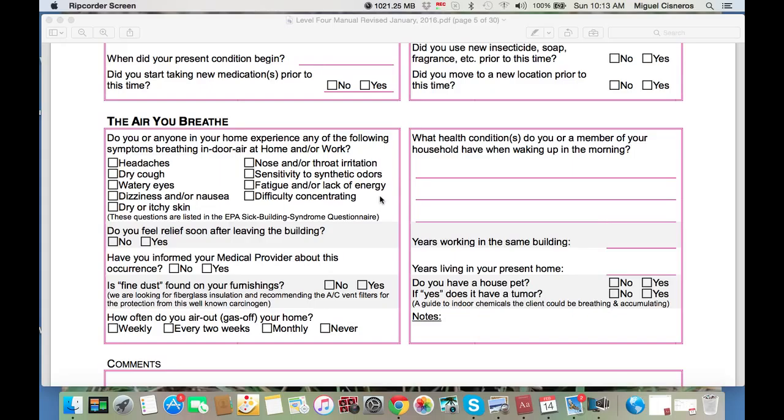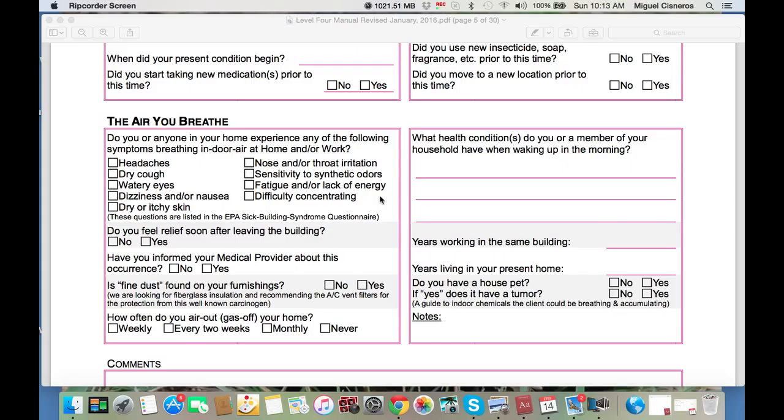This tells us what's in the air that they breathe. And then the next question is, how many years have you been working in the same building? How many years have you been living in your present home? This gives us a time frame on if they have any of the conditions, when that began.